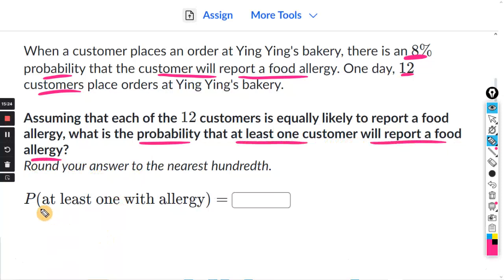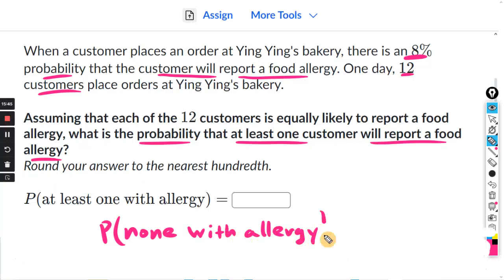All right, so we keep saying that the opposite of at least one is the probability of none. At least one with an allergy, the opposite is none with an allergy. All right, and you want to do 1 minus that probability to find the complement. 1 minus none with an allergy.